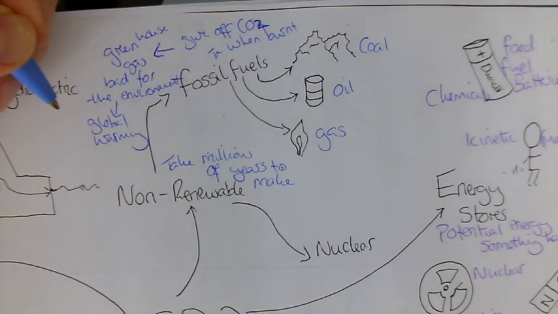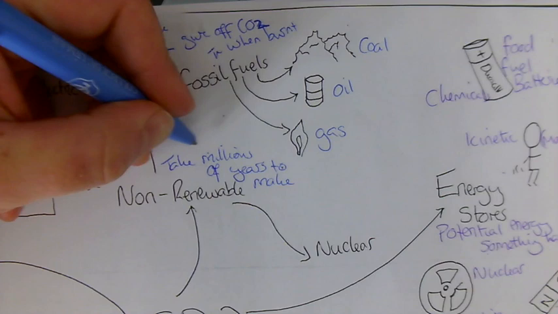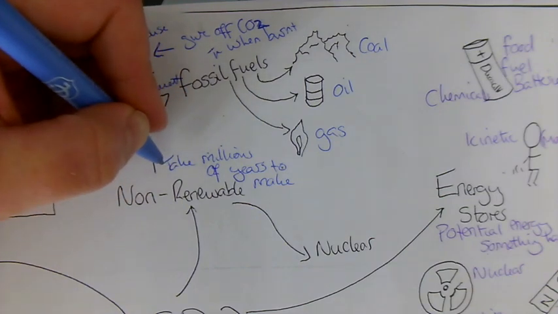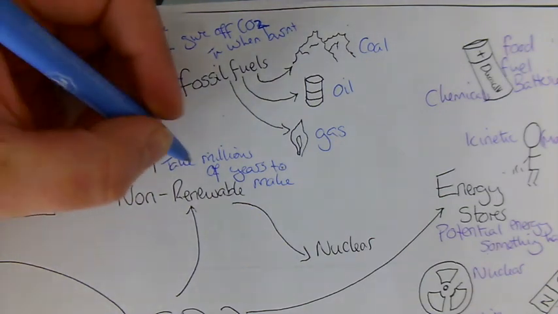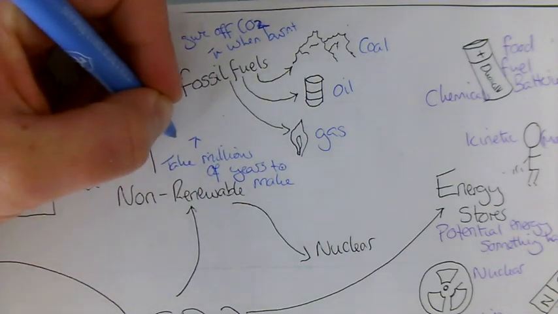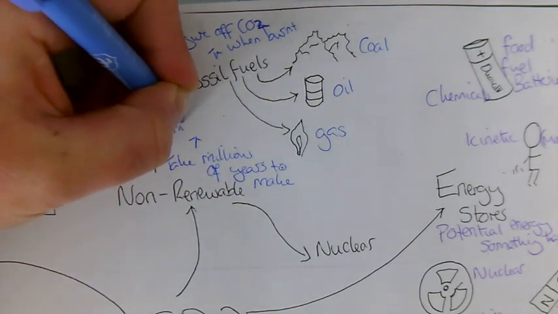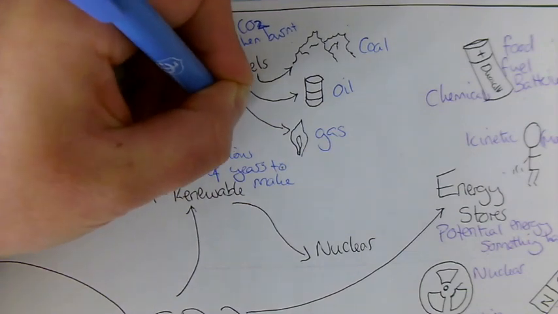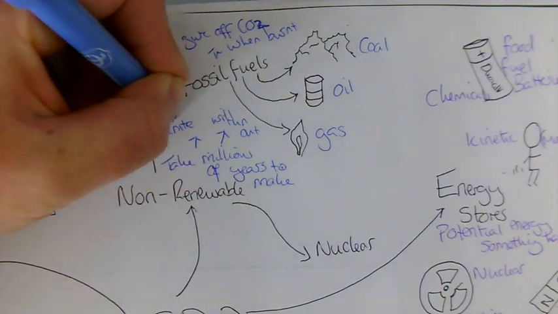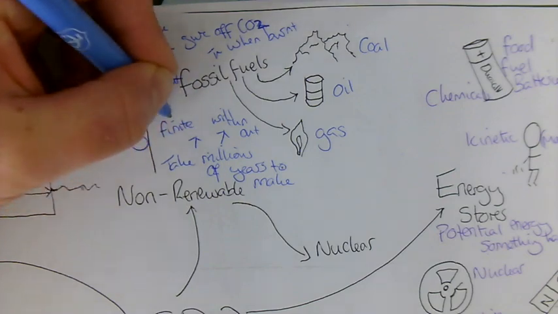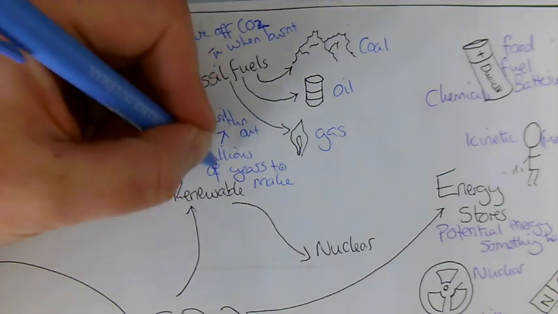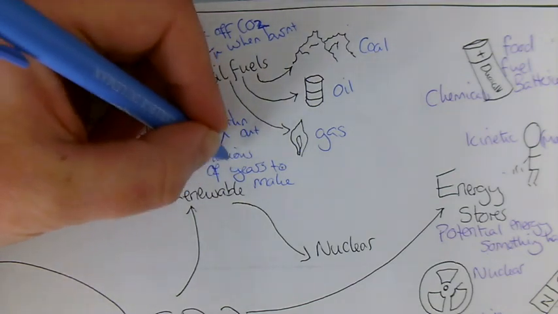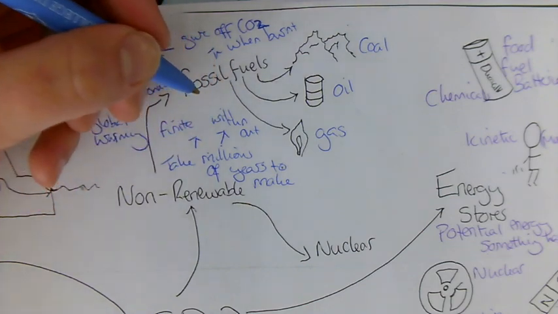What else can we say about these? They're going to run out eventually because they take so long to make. That means that we can't keep getting them. So they're finite and will run out. Finite means there's a certain amount of them. And because they take millions of years to make, we will run out of them at some point.